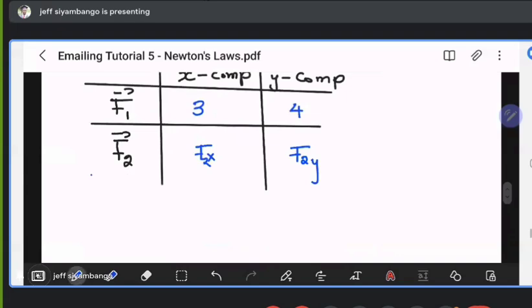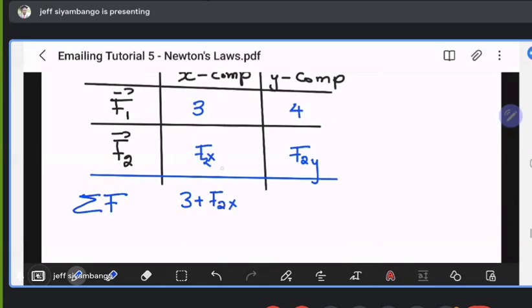And then lastly, we are supposed to get the resultant force now. The resultant force will be the net force of these two. So of course, to get the net force is just the sum. In this case, it will be 3 plus F2x, and then here it will be 4 plus F2y.